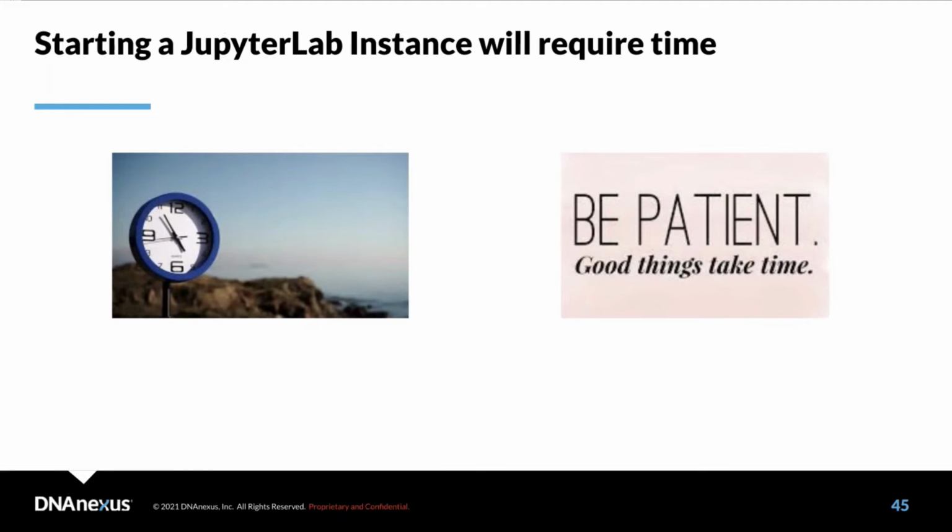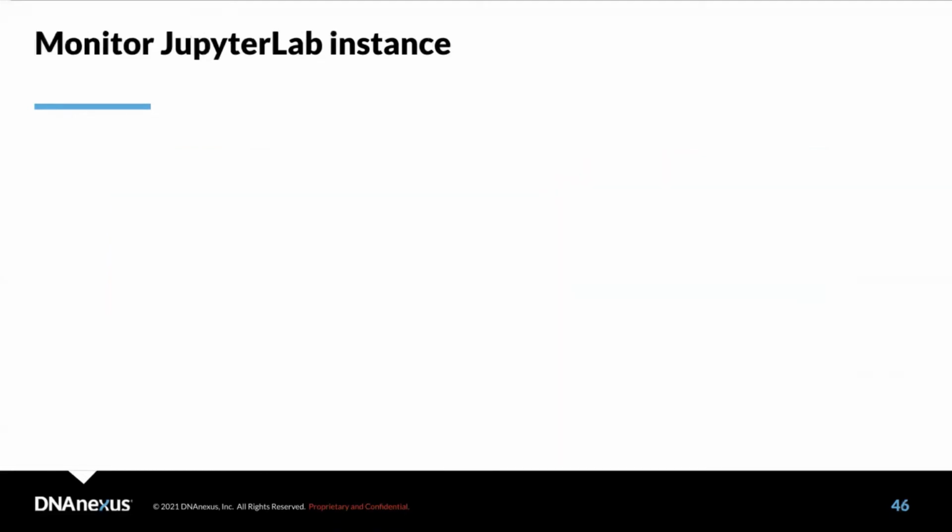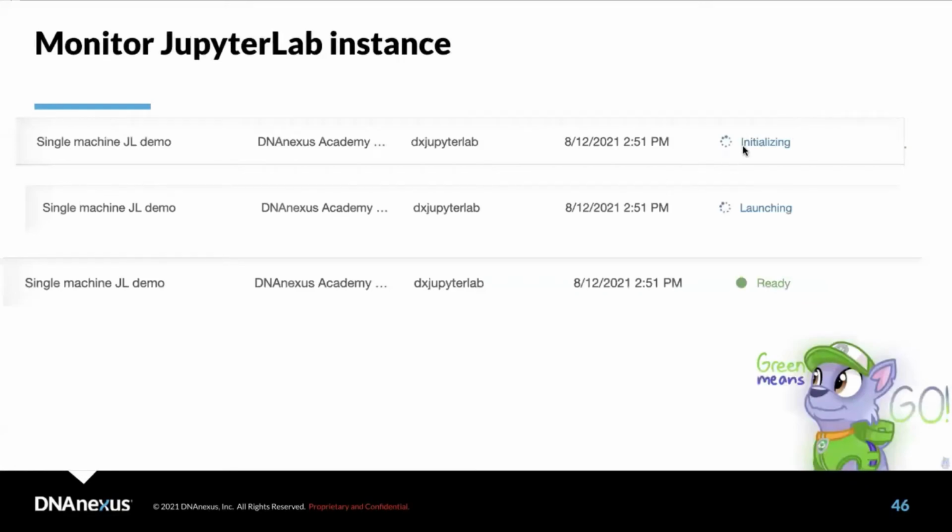I mean, not a 90 minute full yoga class, but just a 5 minute yoga stretch. And then your JupyterLab will go from initializing to launching to ready. And once it's ready, you can click on, for example, the name of the job here, and it will be opened in the next step with JupyterLab. If you click on it before, it will show you some error because the computer, your temporary computer that you're renting, was not prepared at that time.